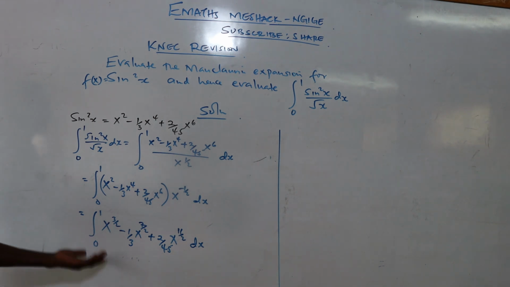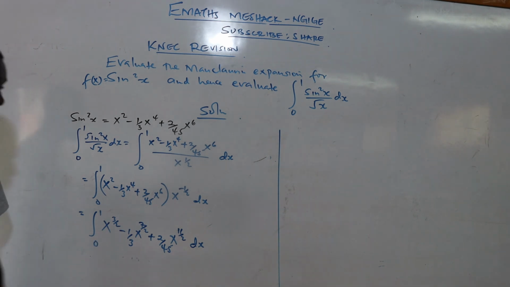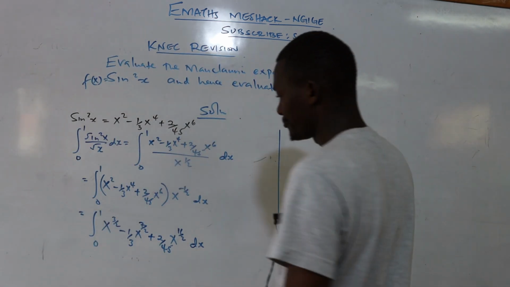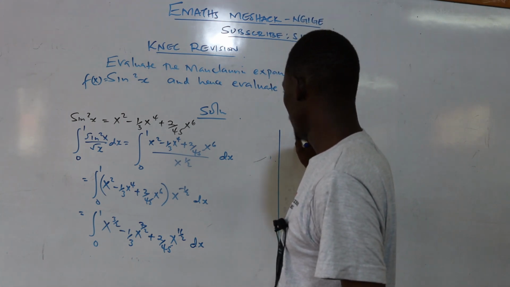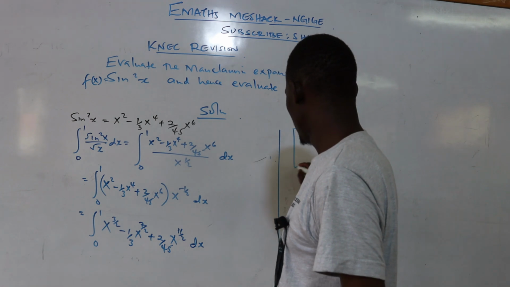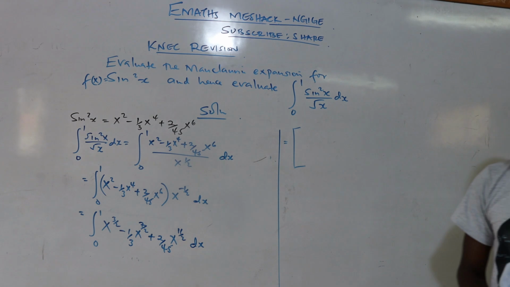So now our function has simplified to become that. What you do from this point is just integrate the function that you already have there. We know you increase the power by 1, divide by the new power.